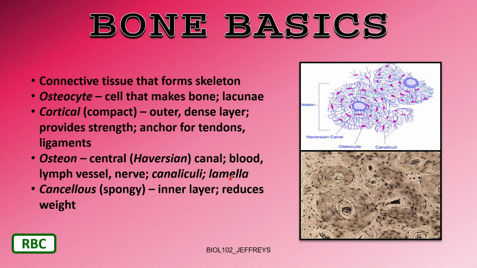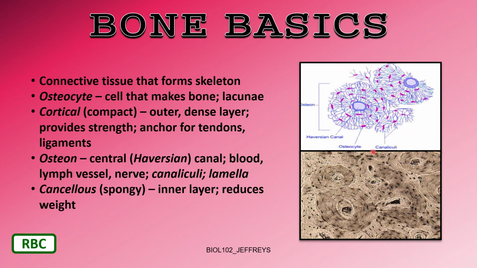Okay, so lamellae are these layers surrounding the central canal, because bone is built in layers from the central canal. So that's just a name for these layers, lamellae. Now, cancellous, also known as spongy bone, is the inner layer of bone.